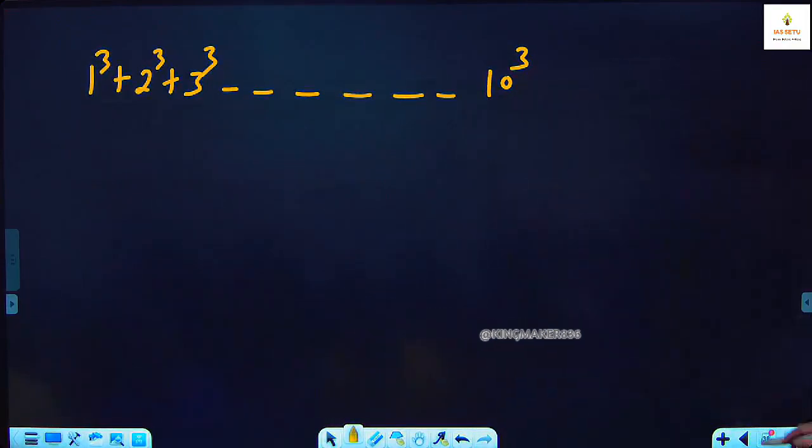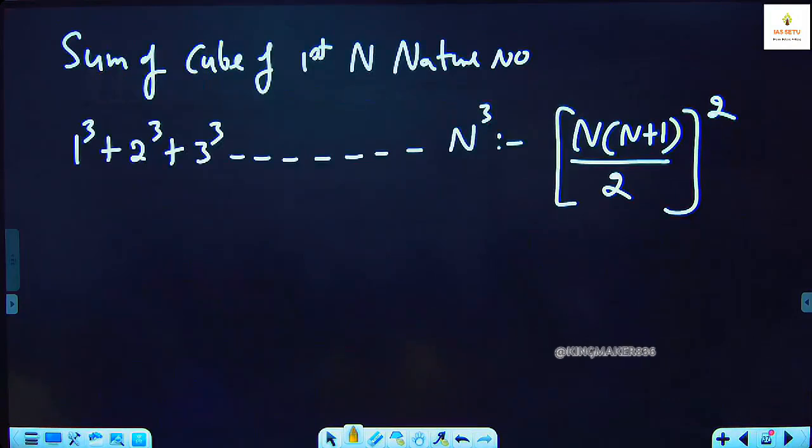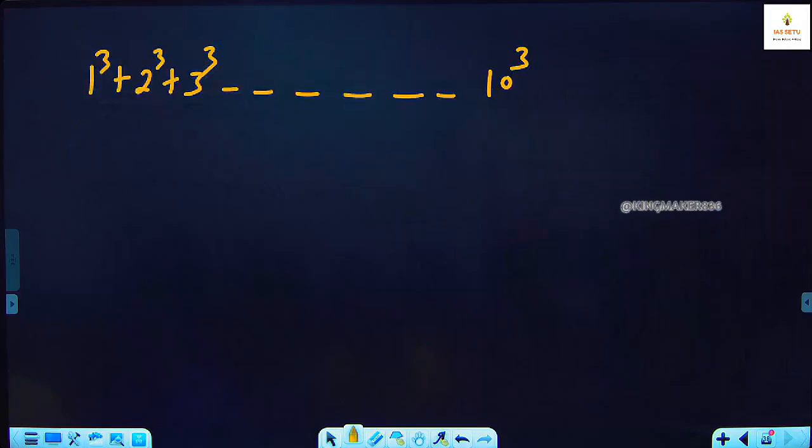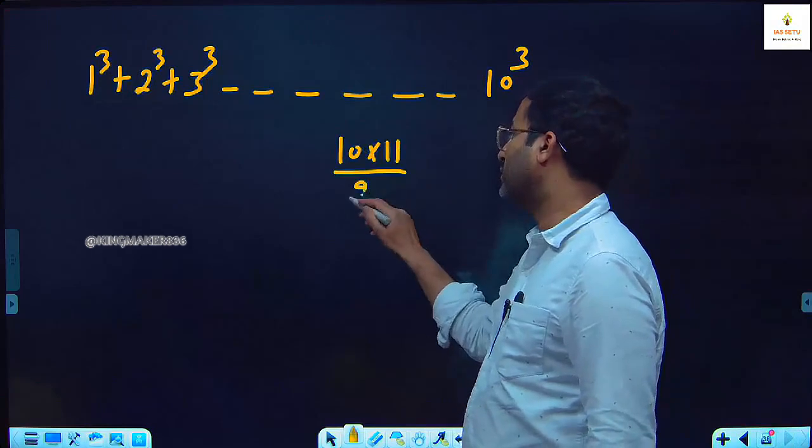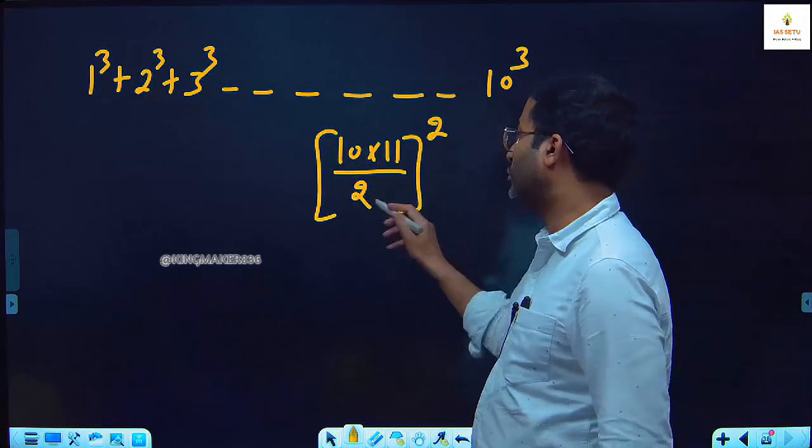Okay, so this is 10 into 11 divided by 2 whole square.